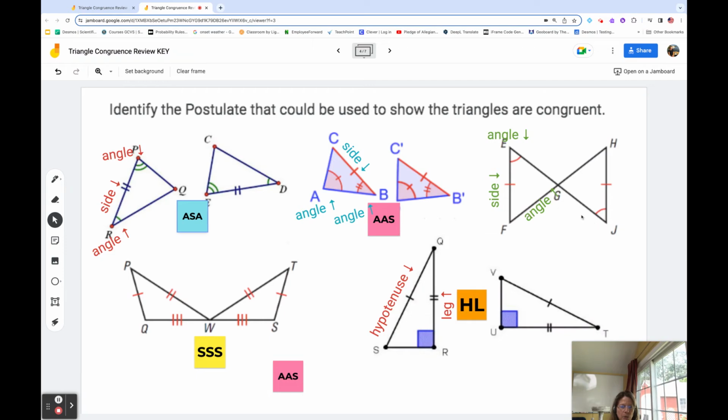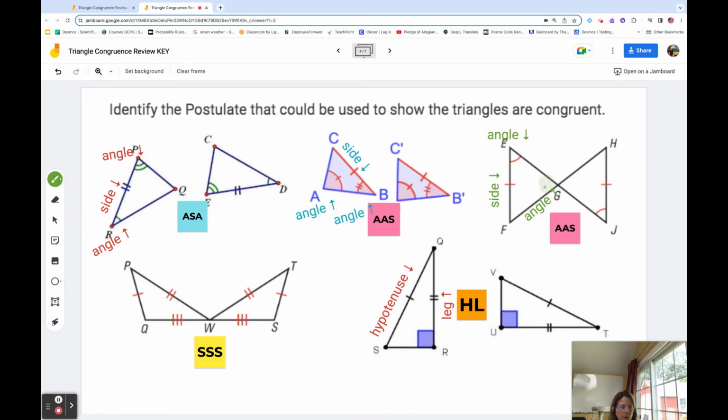And for this last one, we have angle, and then an angle, and then a side. So there's another AAS here. Because the vertical angles, we know these vertical angles are congruent.